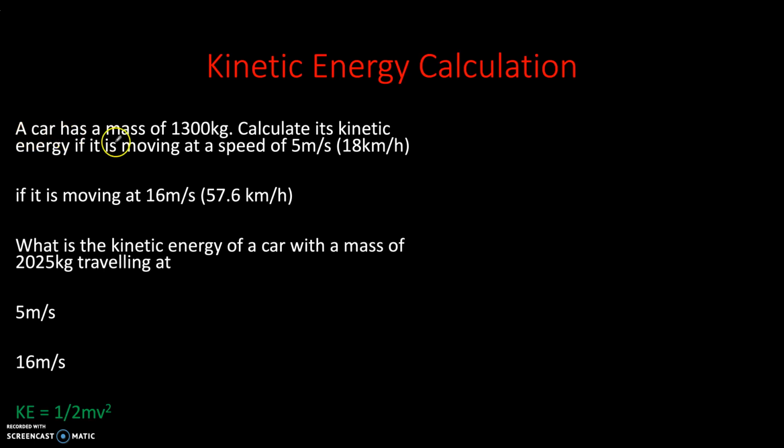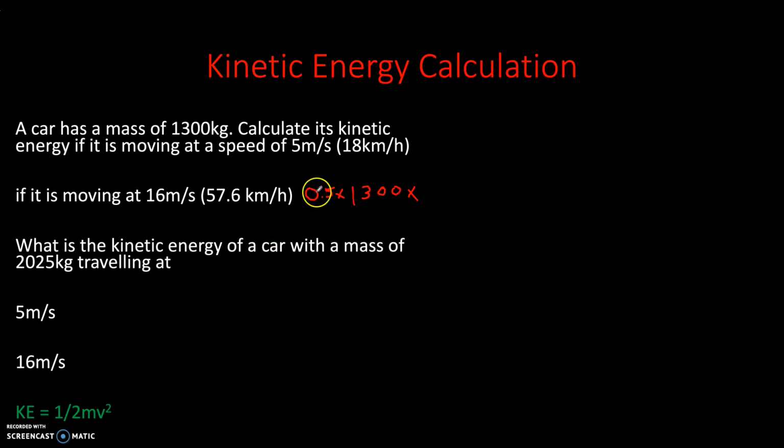A car has a mass of 1,300 kilograms. Calculate its kinetic energy if it is moving at a speed of 5 meters per second. Okay, so let's input the formula. Half, if you just put into your calculator 0.5 multiplied by 1,300 multiplied by the velocity squared.